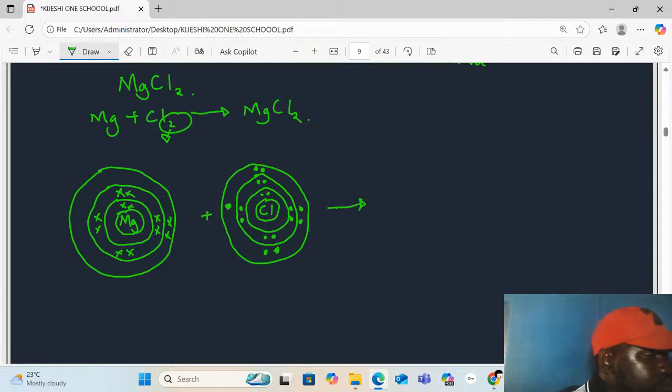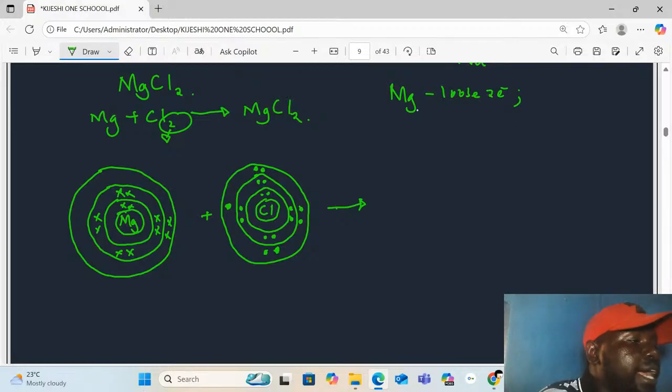But before we move to the formation of the magnesium chloride, remember magnesium loses two electrons, whereas chlorine can only accept one electron.